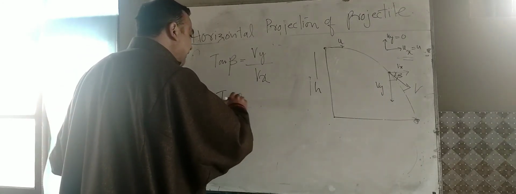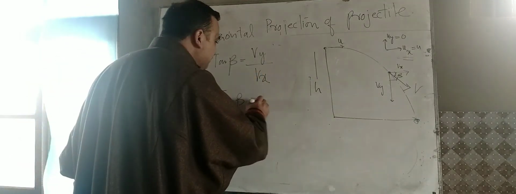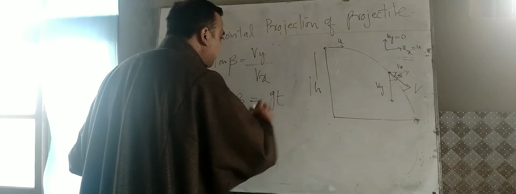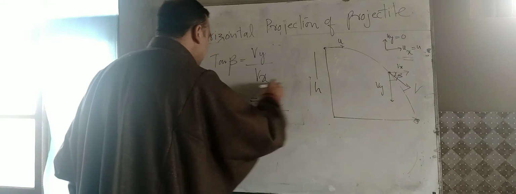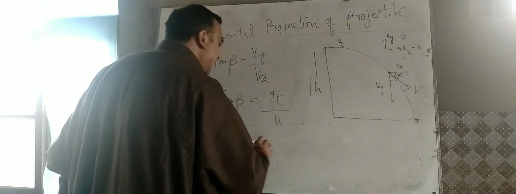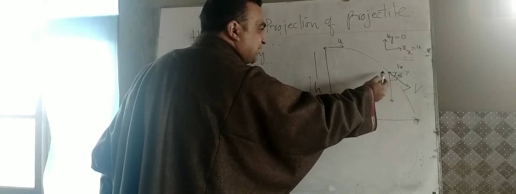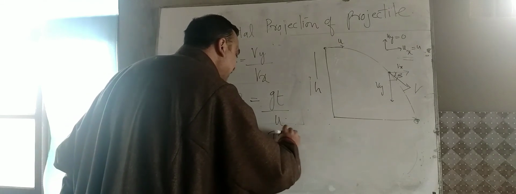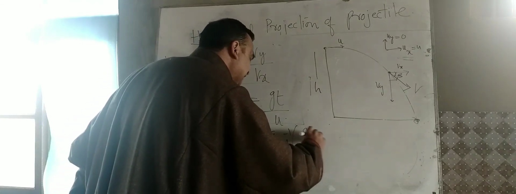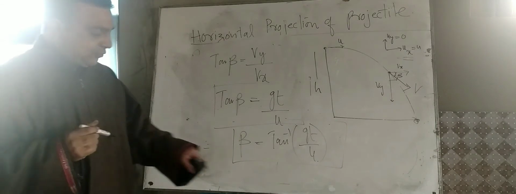Instead of Vy, I have gt if I take its magnitude, divided by Vx, that's u. So beta, the angle that this velocity vector makes with its horizontal component, will be tan inverse of gt divided by u. This should be the case.